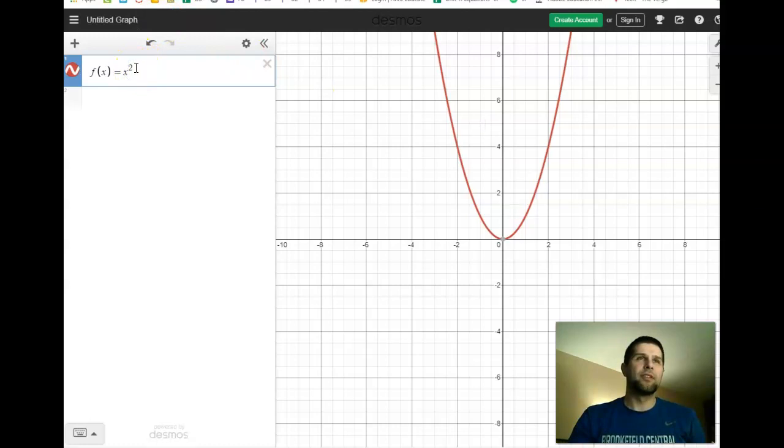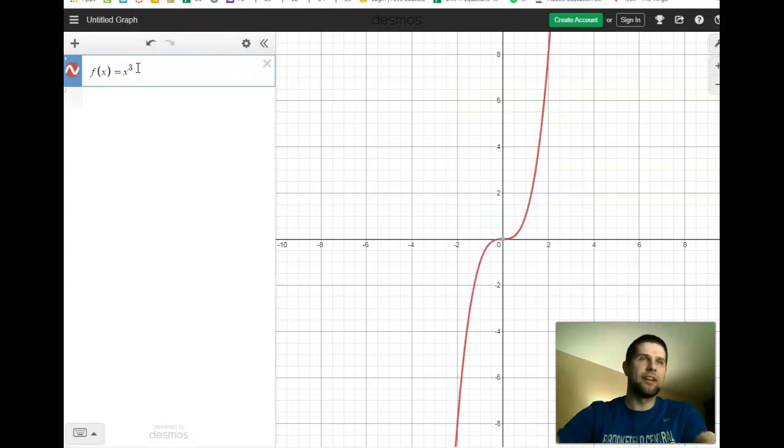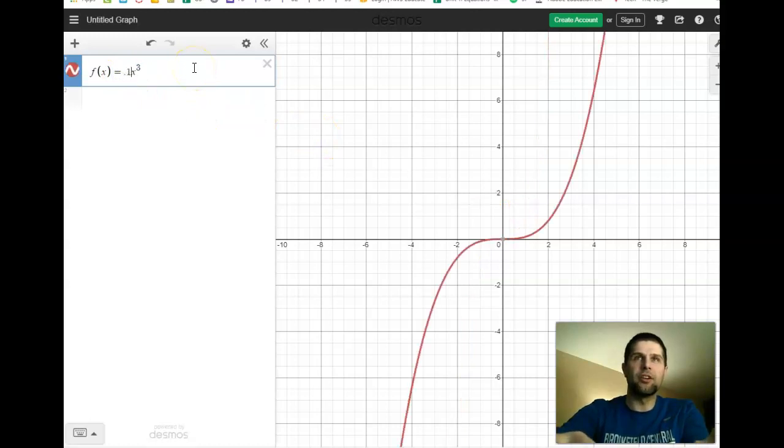So what happens here if I switch the exponent? If I say x cubed, now the end behavior, and the reason it's called end behavior is because we're looking at the ends as x gets really large. I'm going to put a coefficient here so it's a little bit wider. So what is the end behavior?